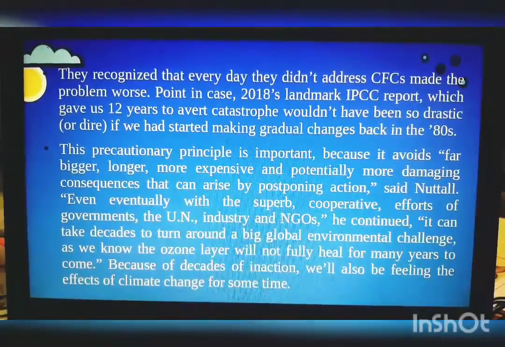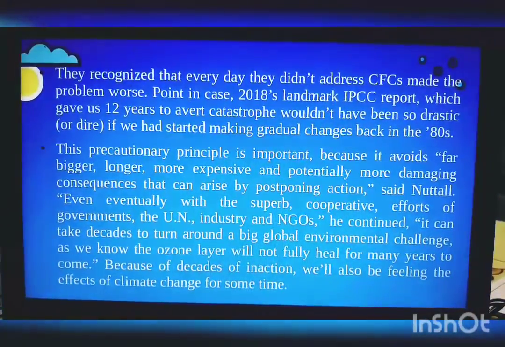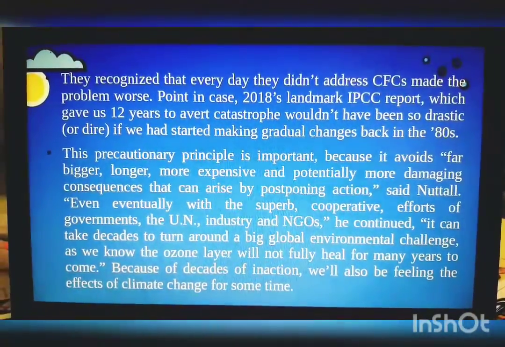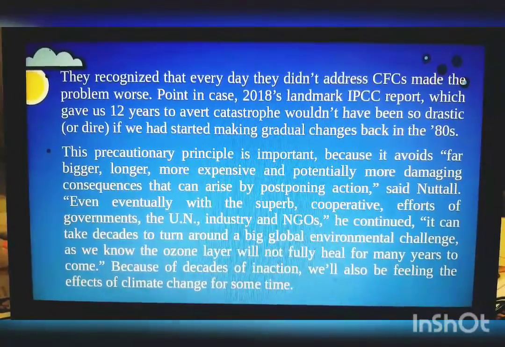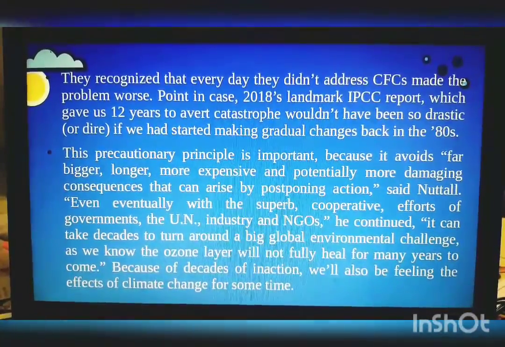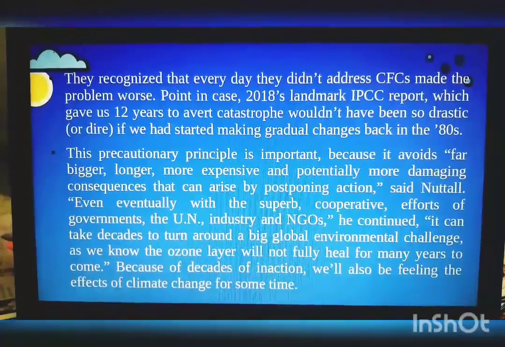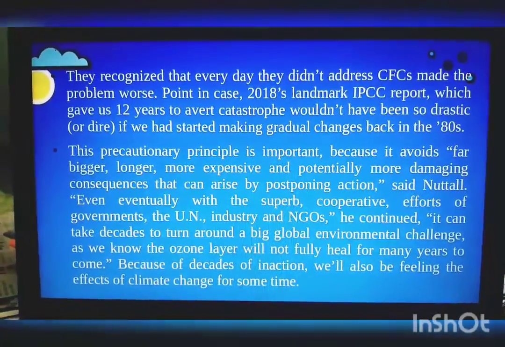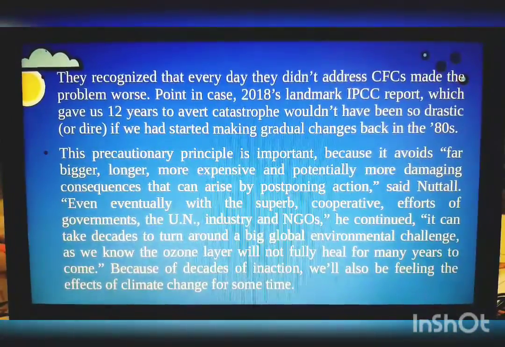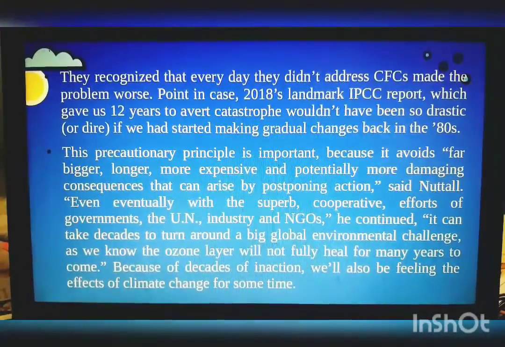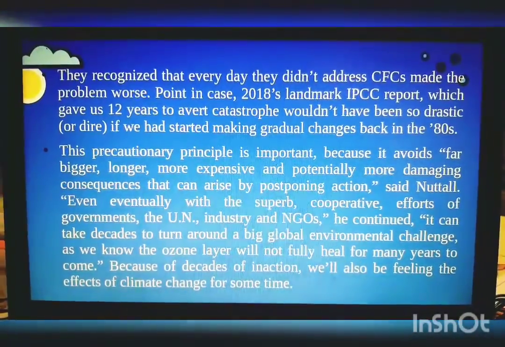This precautionary principle is important because it avoids far bigger, longer, more expensive and potentially more damaging consequences that can arise by postponing action.